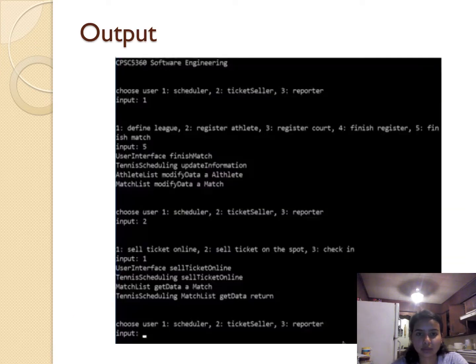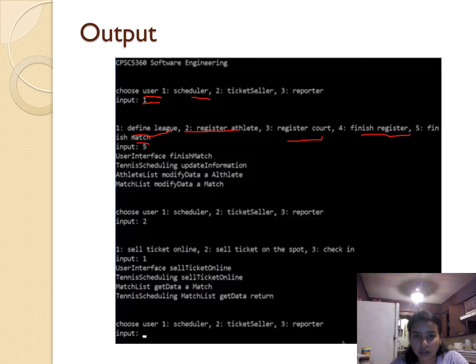So this is our output. When the user chooses one, we have three users: scheduler, ticket seller, and reporter. When the user chooses one, then it will give various options, whichever number they press, whatever activity they want to do.